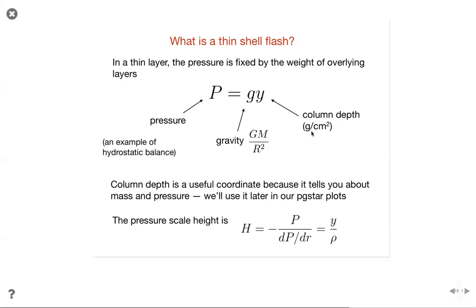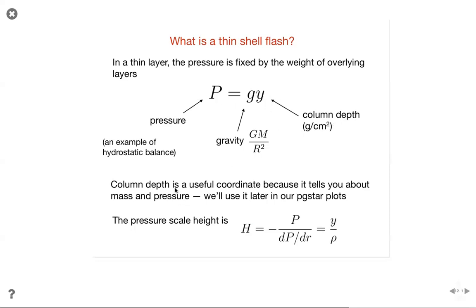This is just, if we take a cylinder with a cross area of 1 square centimeter, how much material is inside this cylinder in grams. So this is what column depth or column density is. And the pressure is just the product of gravity and column depth.